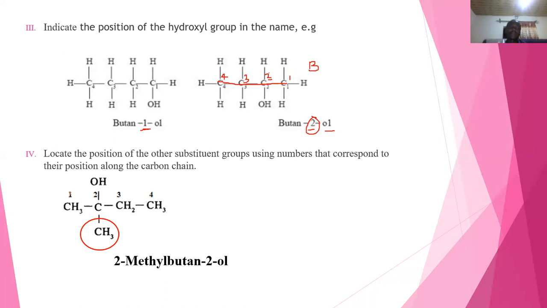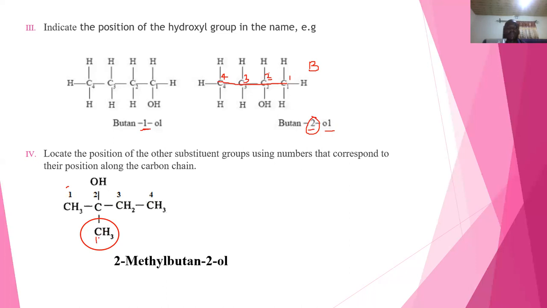So you begin numbering from the carbon nearest to the carbon to which the hydroxyl is attached. We begin from this side, that is 1, 2, 3, 4. Even if we begin from this side, it will be 1, 2, 3, 4.